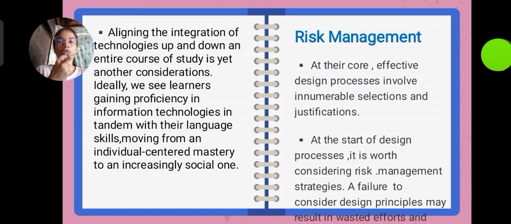Aligning in the integration of technologies up and down an entire course of study is yet another consideration. Ideally, we see learners gaining proficiency in information technologies in tandem with their language skills, moving from an individual-centered mastery to an increasingly social one.